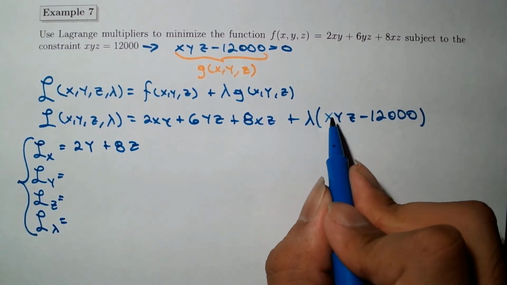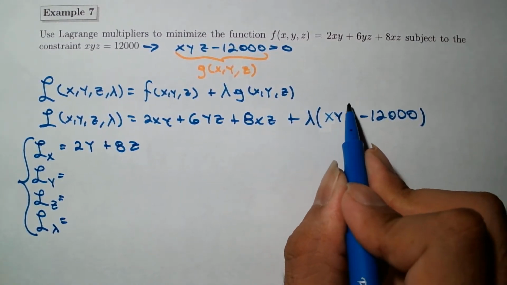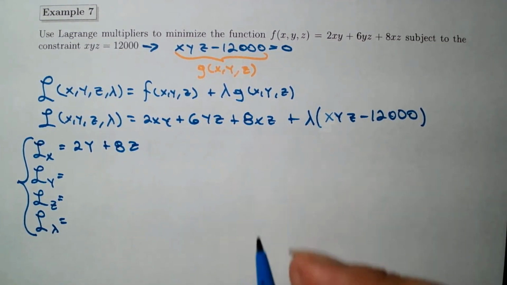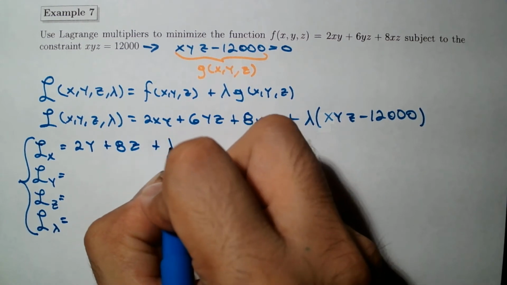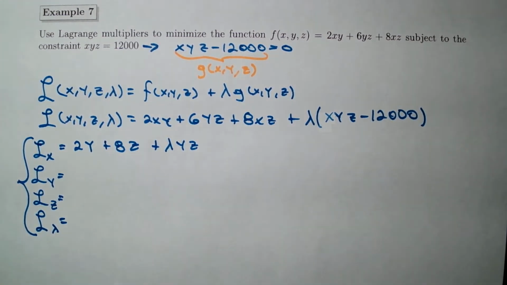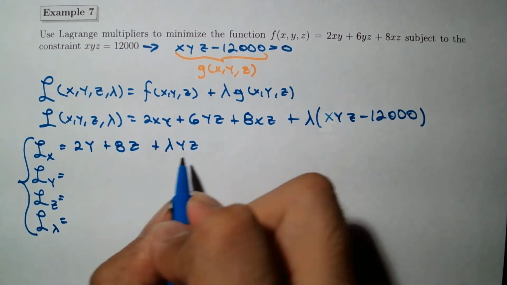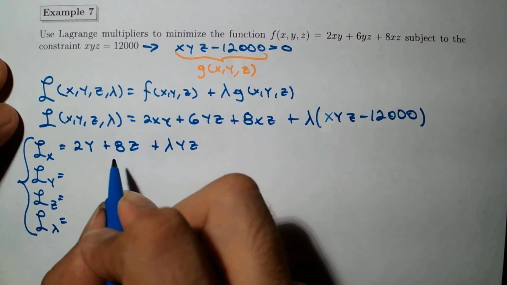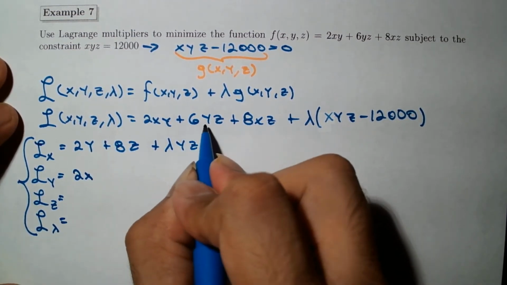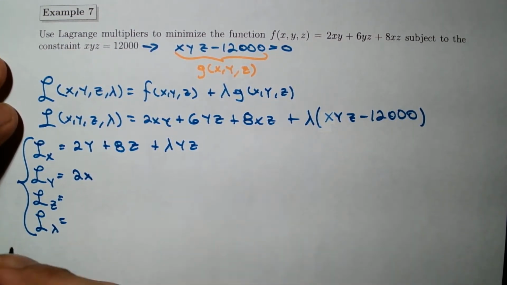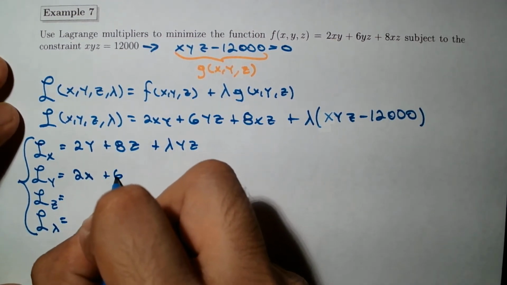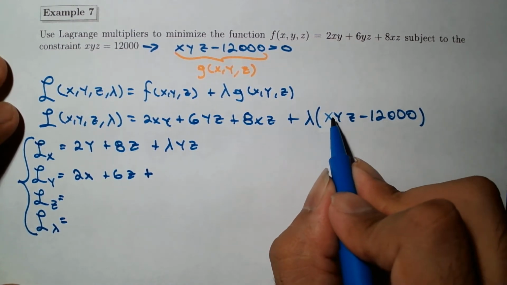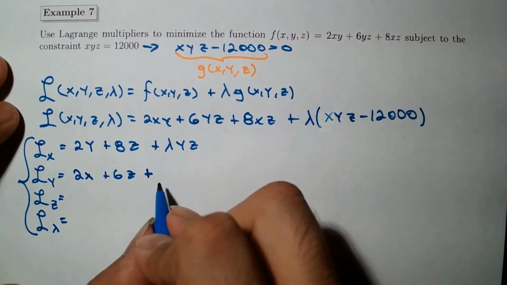Plus the derivative of xyz with respect to x is going to be yz, because those are constants, times lambda. So this will be plus lambda yz. And then for the partial derivative with respect to y, this is going to be 2x and 6z plus the derivative with respect to y, which is xz times lambda.